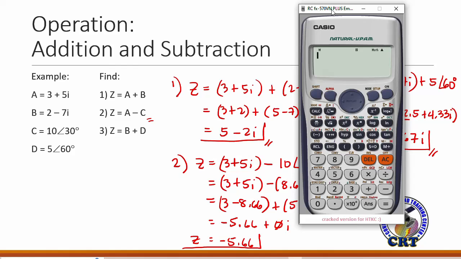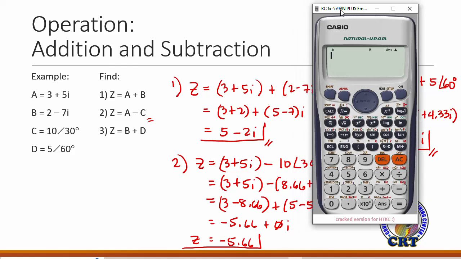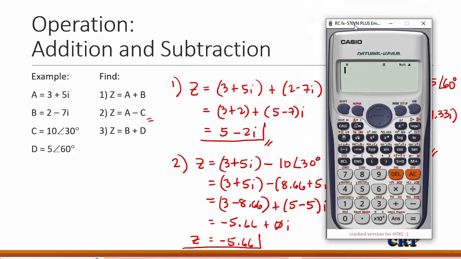So this model has a function which is called complex. Here, you can use the mode function and choose complex. This is option number 2. So press that number 2 and you will enter the complex mode operation of this calculator.